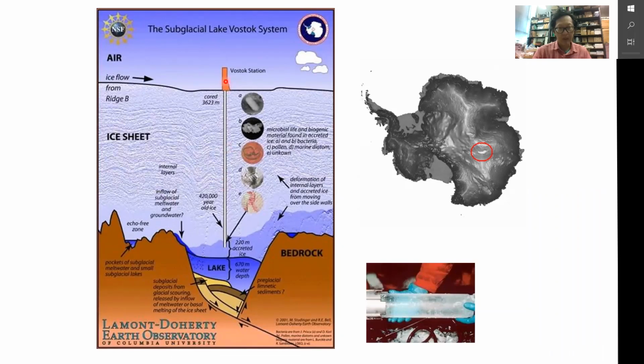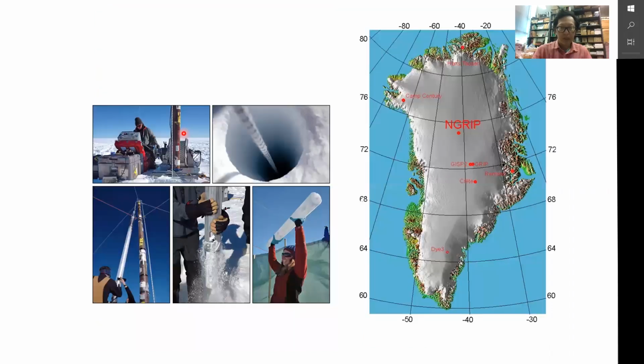You go to the ice sheets. This is the Vostok one in Antarctica, and in Greenland they have a few places you can get ice cores, and they actually use hot water to help drill down, and then they come out with these beautiful cores. And from these, like I said, the chemical compositions of the ice tells you something about temperature.